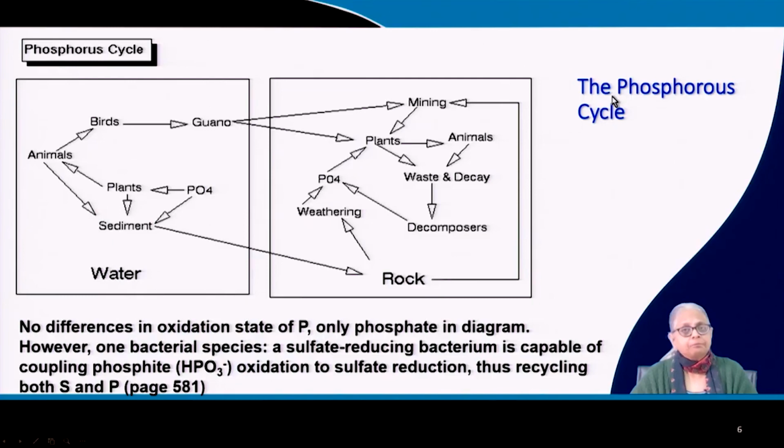Now, phosphorus is very strange, it's very stable. The phosphate part of any compound is the most oxidized form of phosphorus, and therefore it's extremely stable and very few other oxidation states have ever been observed.